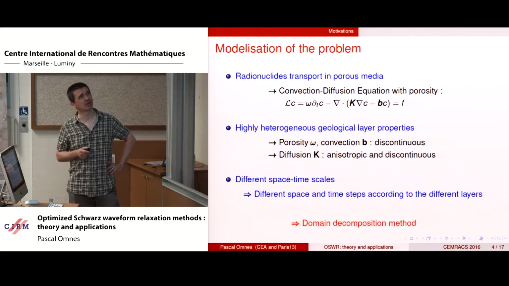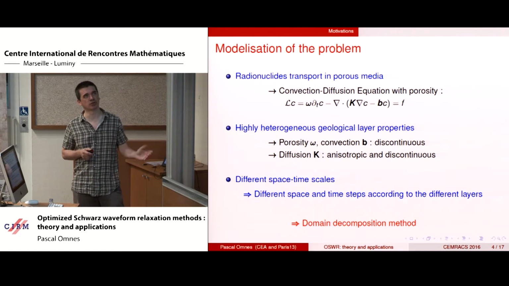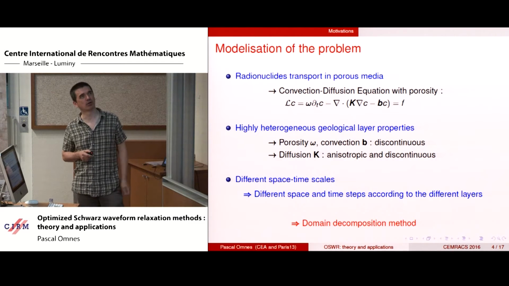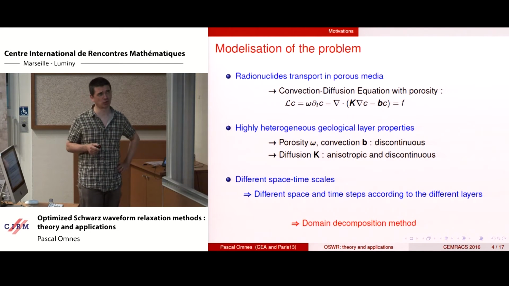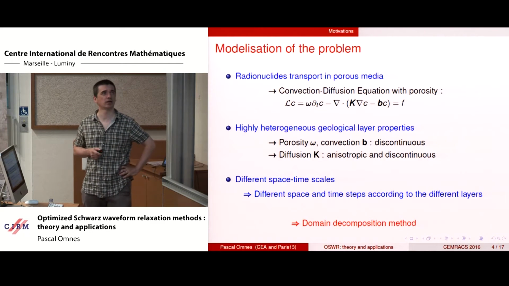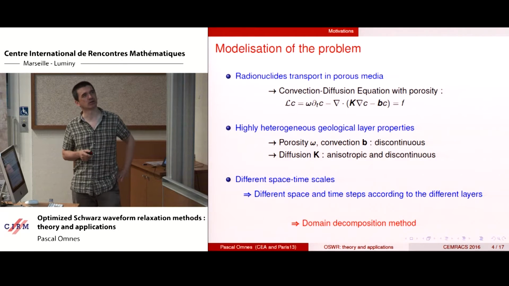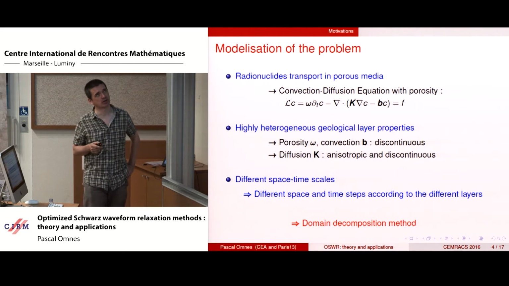The main characteristic of this equation is that, due to the different properties in the geological layers, the medium is highly heterogeneous. So you can have factors up to, let's say, 100 between different layers in the diffusion matrix. One of the difficulties is that it can also be highly anisotropic. We have different space scales, and we also have different time scales because, as I told you, there could be jumps in this coefficient.